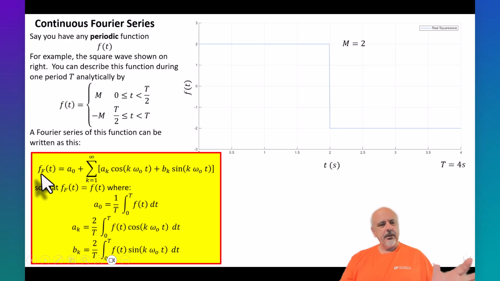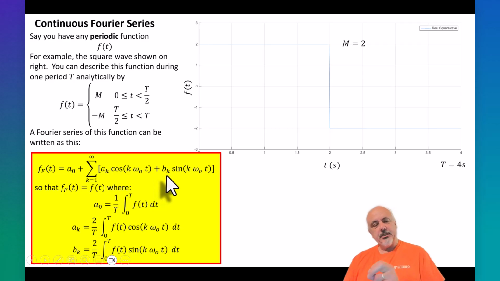So a Fourier series of a periodic function can be written like this. I've written it as f sub f. It's going to be some kind of offset, plus you're going to take a sequence starting with k equals 1 all the way up to infinity of little a sub k times cosine of k omega naught t plus b sub k times sine of k omega naught t.